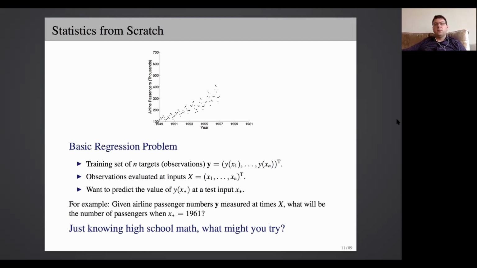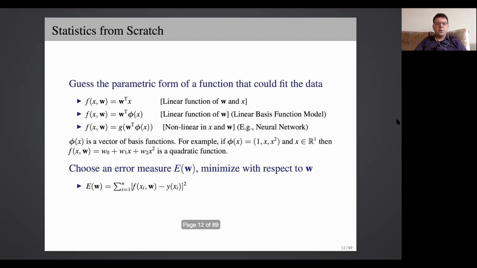The function that I get as a result would have some free parameters, and I would try to learn those parameters by specifying some error measure. For example, the square difference between the outputs of my function and the actual points that I observe, expressed here in this equation. And then I would minimize this with respect to those parameters somehow.